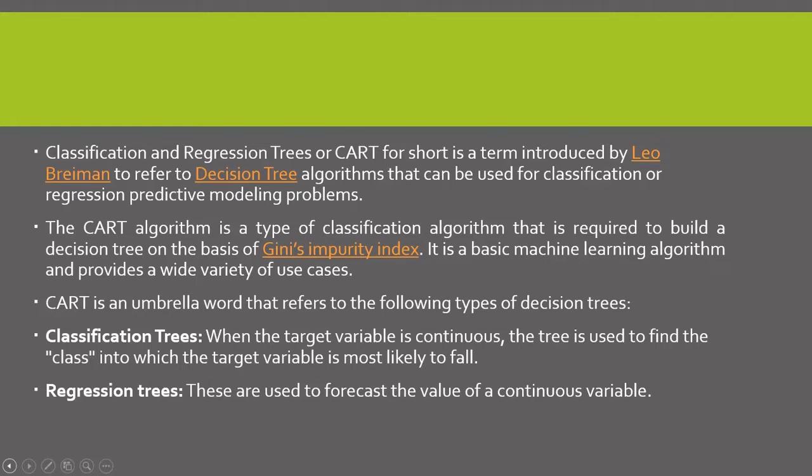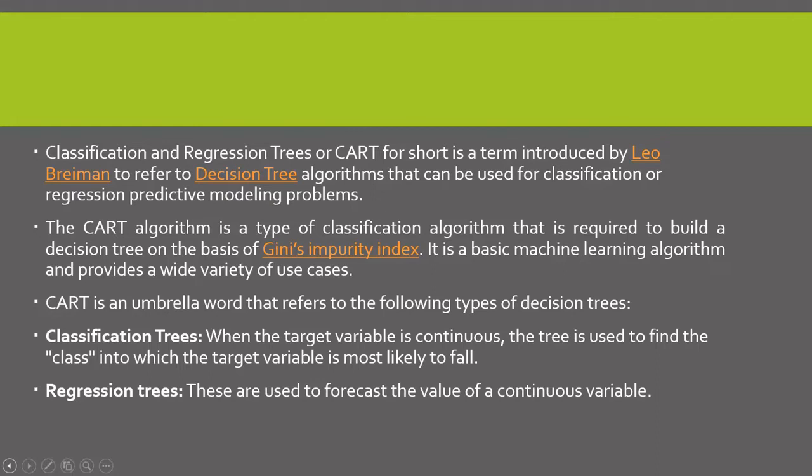It's a type of classification algorithm that is required to build decision trees on the basis of the Gini impurity index. Using this index value only, we are identifying as well as preparing decision trees. This Gini impurity index is a basic machine learning algorithm and provides a wide variety of use cases.